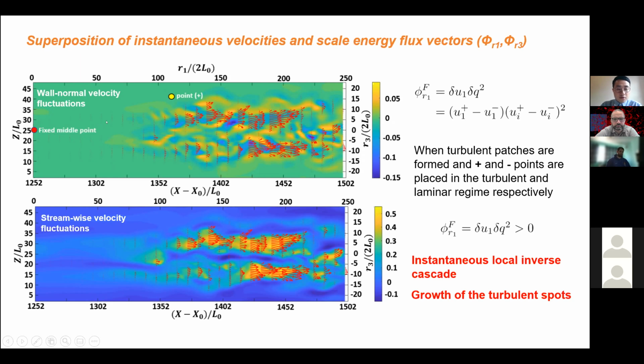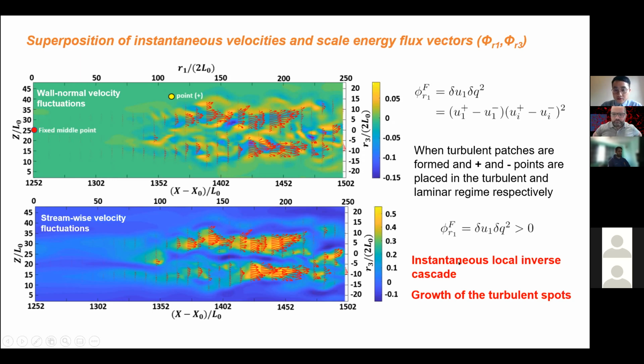The contour on the top is the wall normal velocity fluctuation, and the bottom one is the streamwise velocity fluctuation. You can clearly see that fluxes have very strong correlation with the streamwise fluctuation. This is telling us that a large positive flux appears whenever the turbulent patches are formed, especially when the plus points are within the spots, and the minus points are outside the spots in the upstream terminal region.